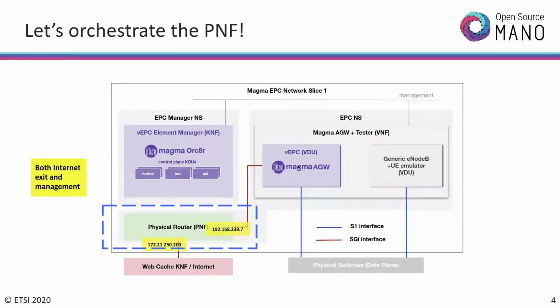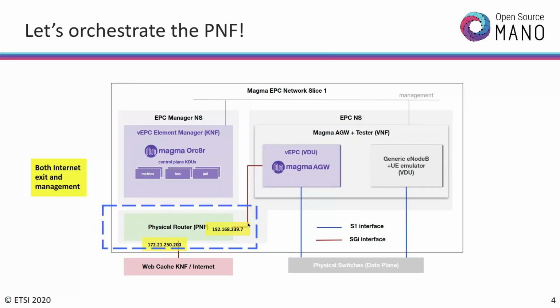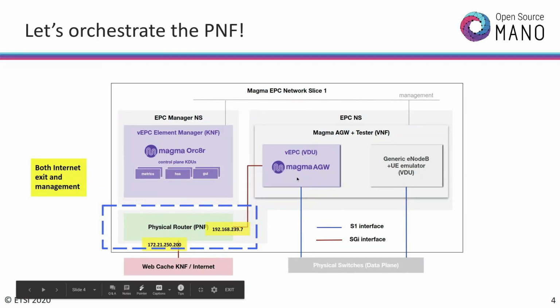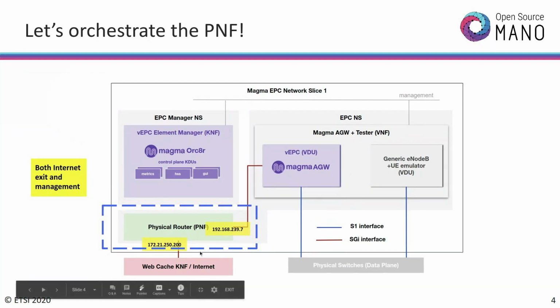And so we covered these two, and now we are adding this PNF so that we have a path for our user to go to the packet core, register, attach, and then actually navigate to the internet or to the services that we are going to add later.